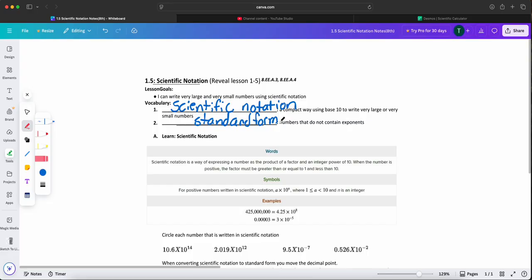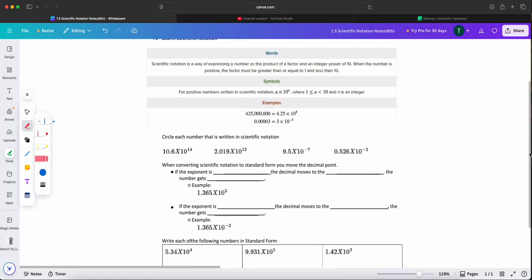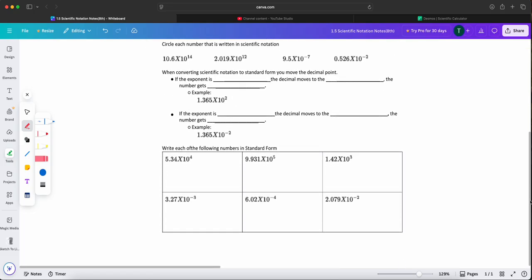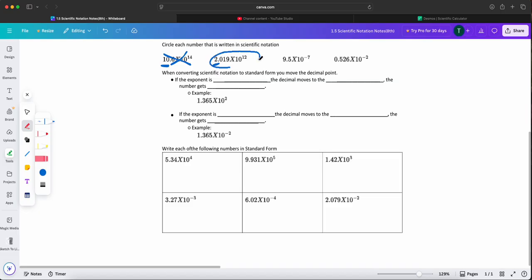So they give two different examples of numbers written in scientific notation. Now they want us to go down here and circle each number that is written in scientific notation. So this first one, it has a 10 in front of our decimal, so that does not work because it has to be between 1 and 9 in the first part there. So 2 is between 1 and 9, and it has times 10 to some power, so this answer does work.